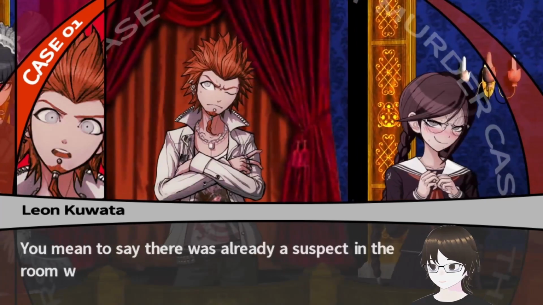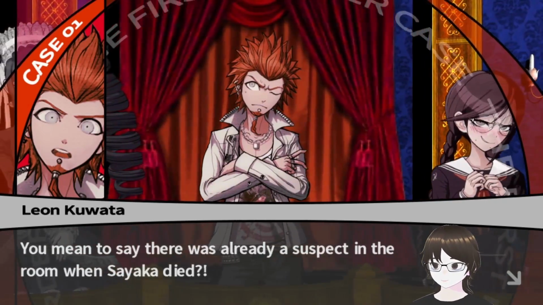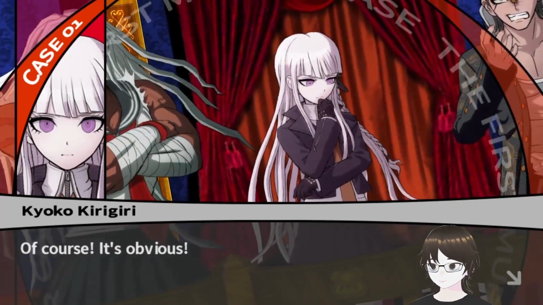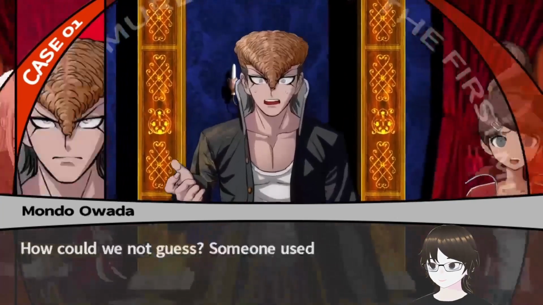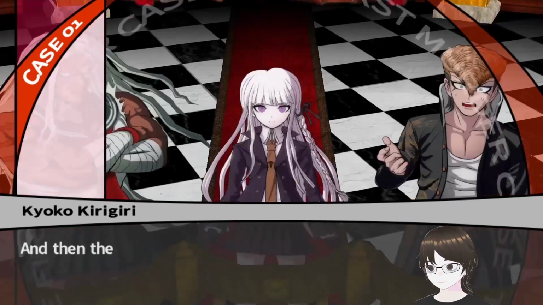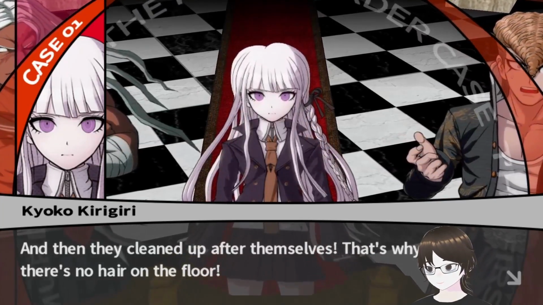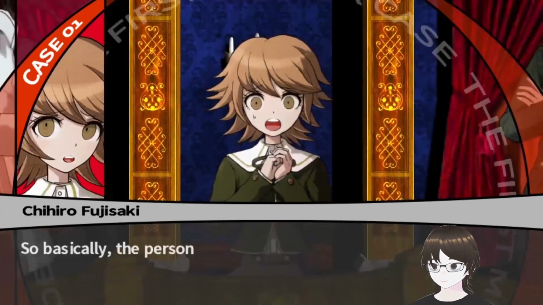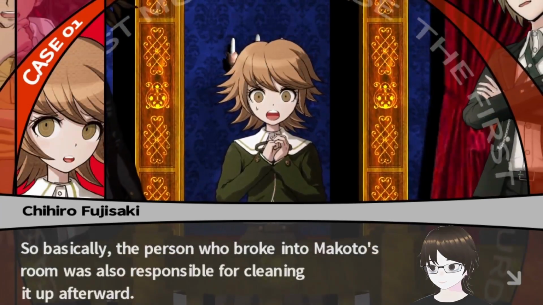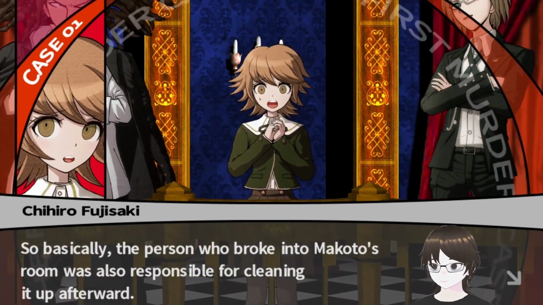You mean to say there was already a suspect in the room when Sayaka died? Yeah, of course, it's obvious. Exactly. How could we not guess? Someone used a crowbar to break into his room. And then they cleaned up after themselves. That's why there's no hair on the floor. Makes sense. So basically, the person who broke into Makoto's room was also responsible for cleaning it up afterward.